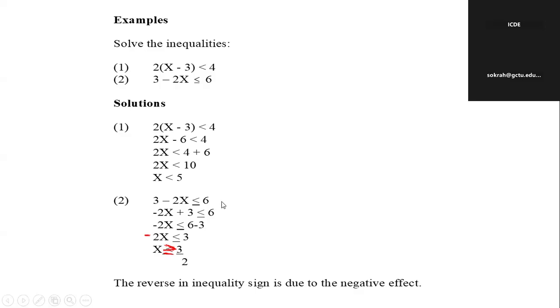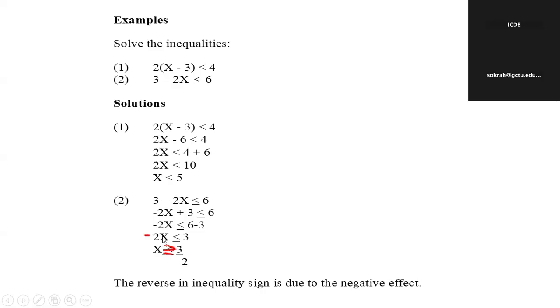So you have negative 2x left here, being less than or equal to 6 minus what? 3. And that gives us negative 2x being less than or equal to 3.